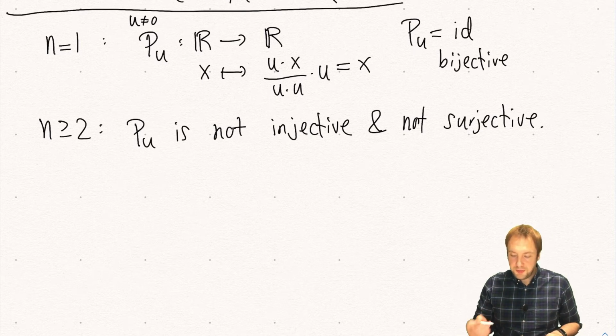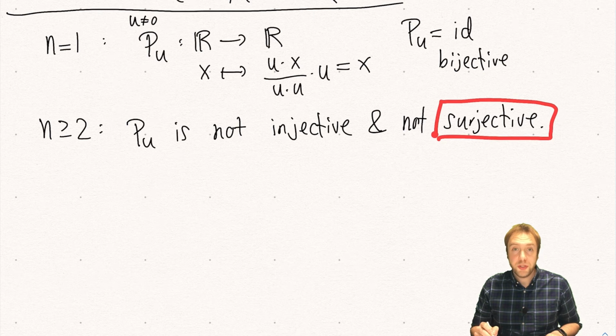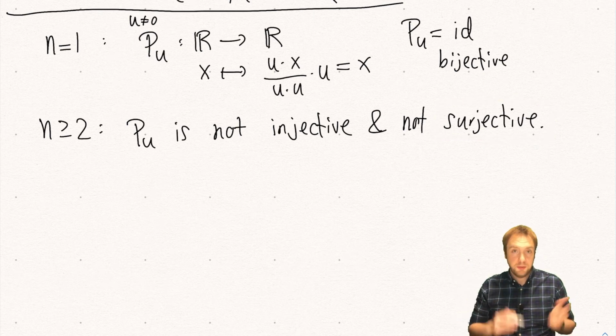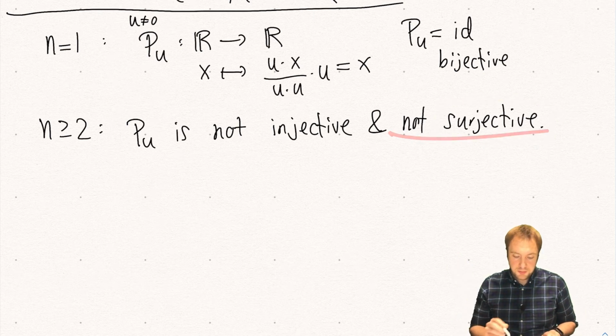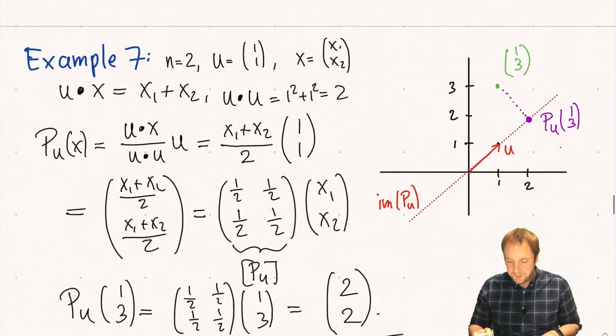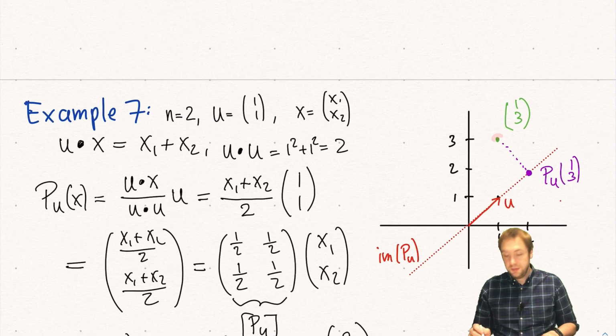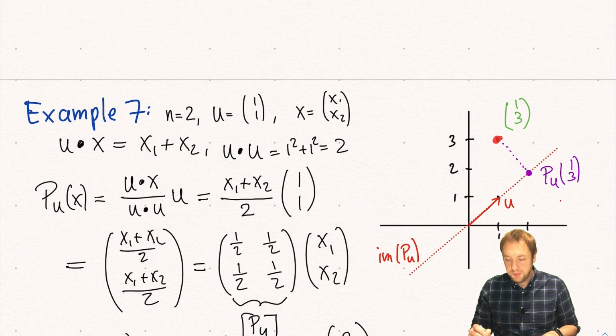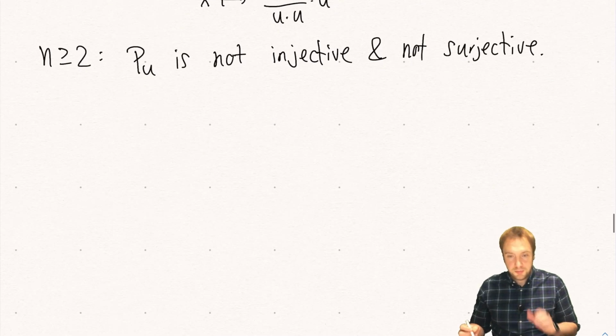And this you can see because anything which is not on the line spanned by u is not in the image, therefore it's not surjective. And if you start with something which is not in the image, for example this point, you can take this point which is here in between these two, and therefore these two points here get mapped to the same. So it's also not injective.